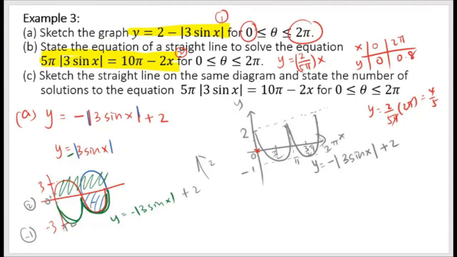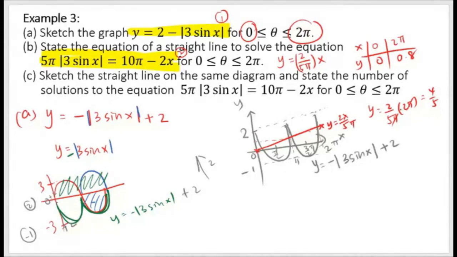Where is 0.8? Somewhere here. So the straight line is like this. This is your y equal to 2x over 5 pi.